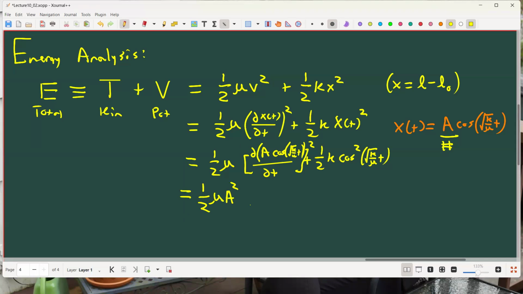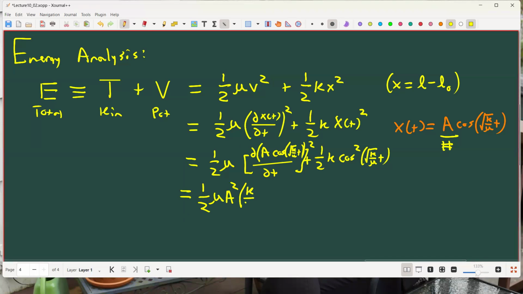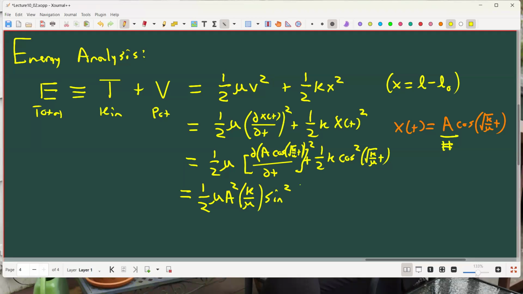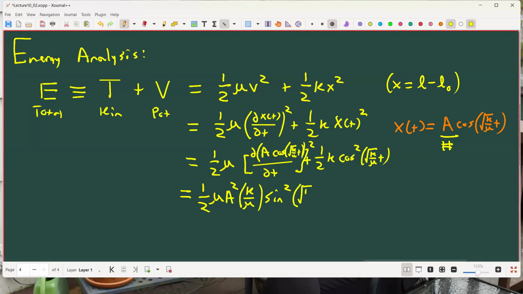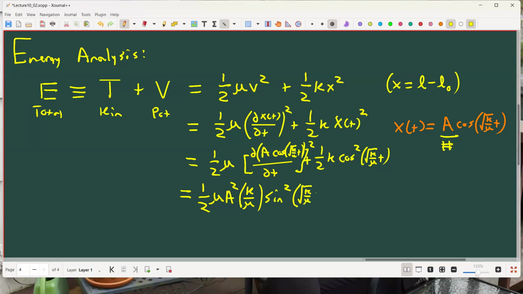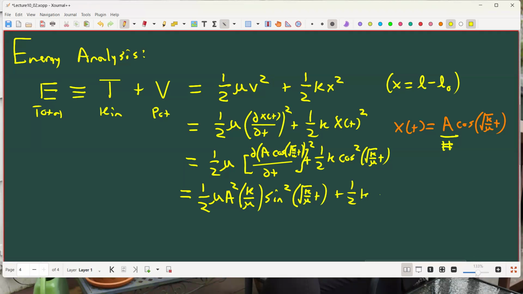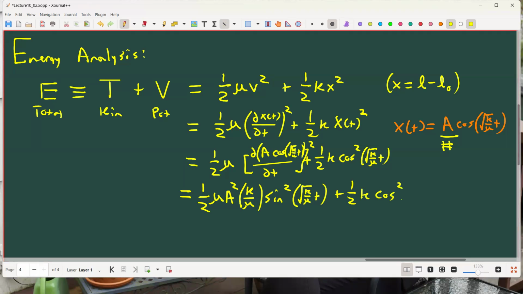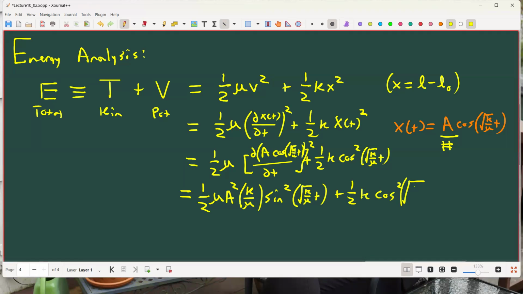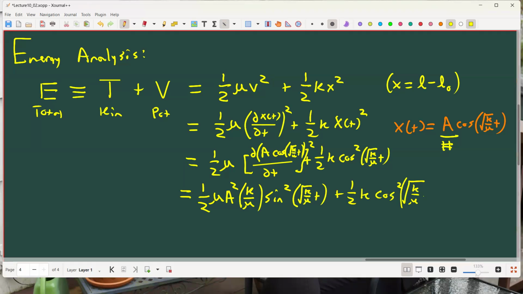So we have a factor of k over mu that comes out. And then we're left with sine squared of k over mu t plus 1/2 k cosine squared of k over mu t.